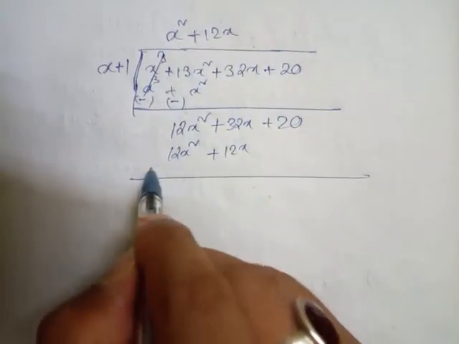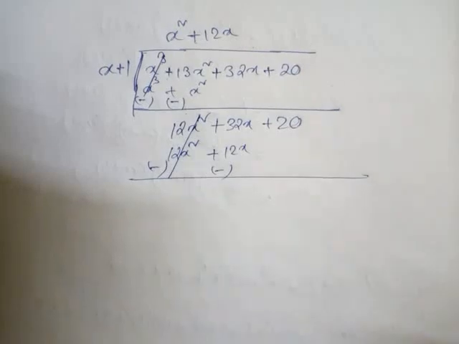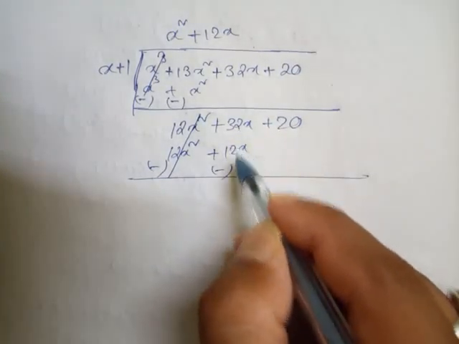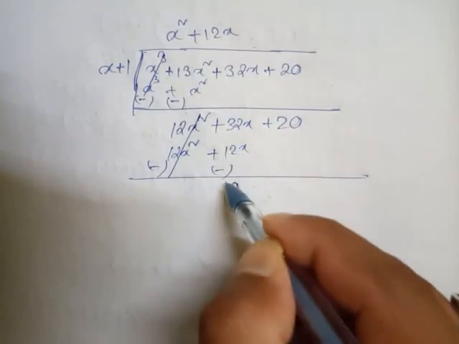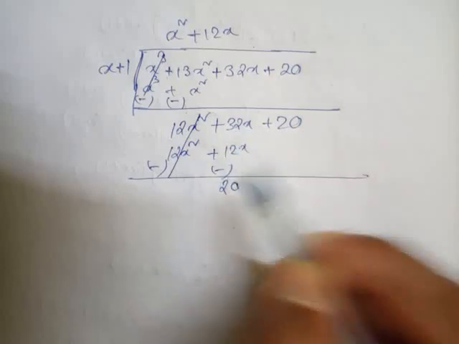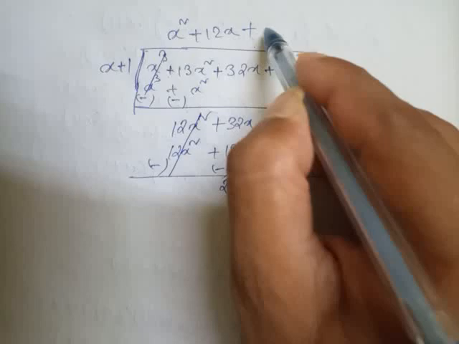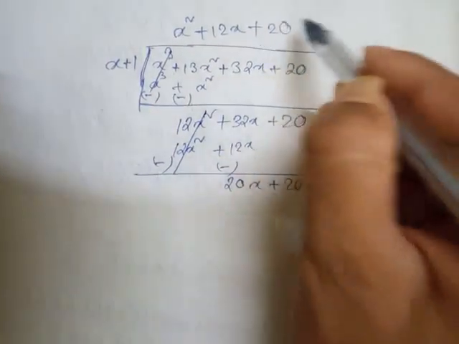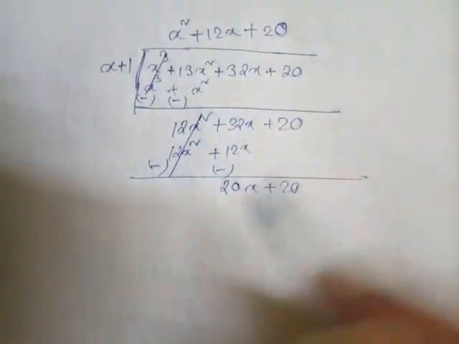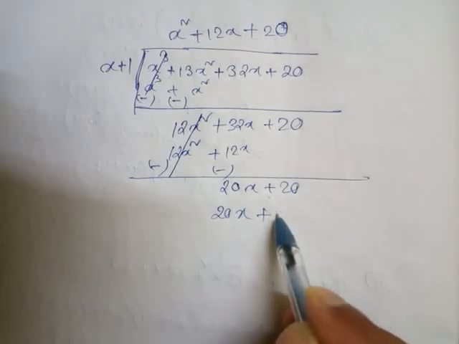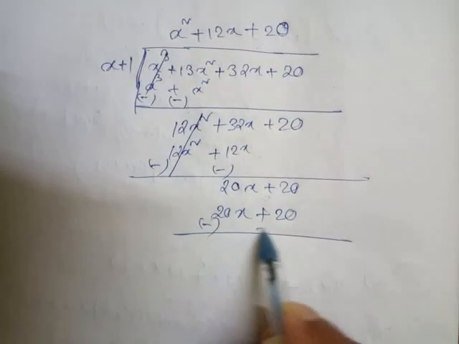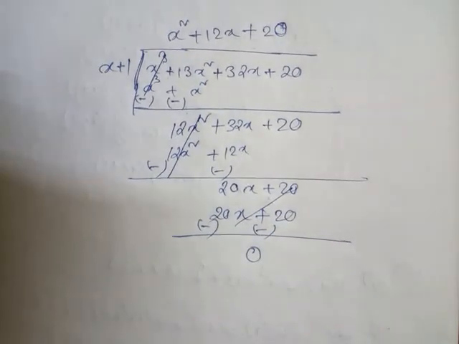Now minus then minus, cancel this one. 32 minus 12 is 20x, then 20 only. Now last one, just put down 20. 20 into x is 20x, and 20 into 1 is 20. Sign change, cancel, 0, remainder 0.